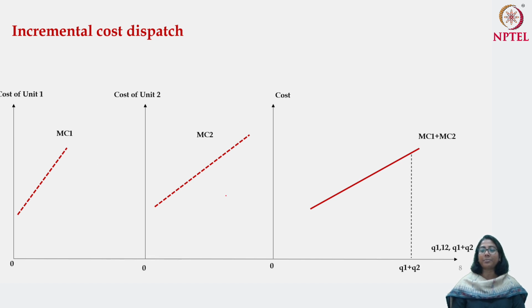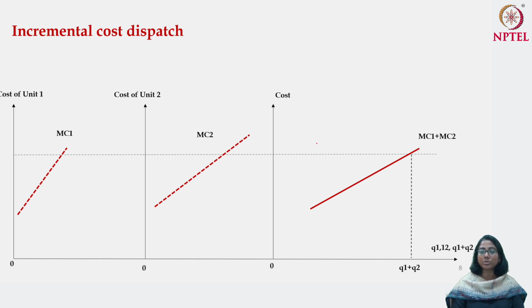Now suppose the power plant has to supply this much, Q1 plus Q2. This is the total output or electricity the plant has to supply in order to meet the demand. If that is the case, then the marginal cost that the plant is going to incur is captured by this horizontal line. By the profit maximizing or optimization condition that we have looked at, at the point of supply, MC1 has to be equal to MC2.